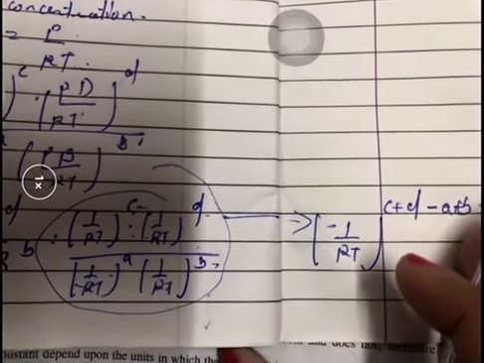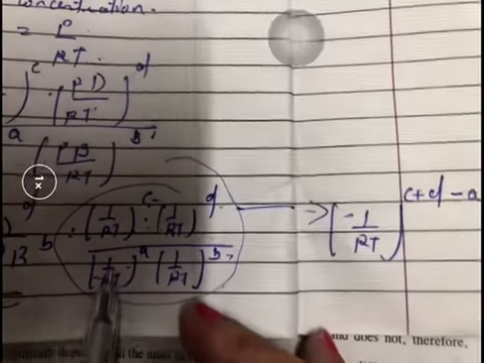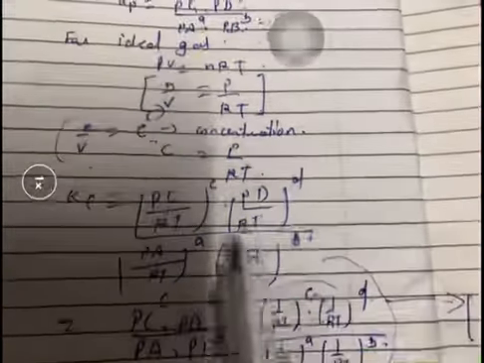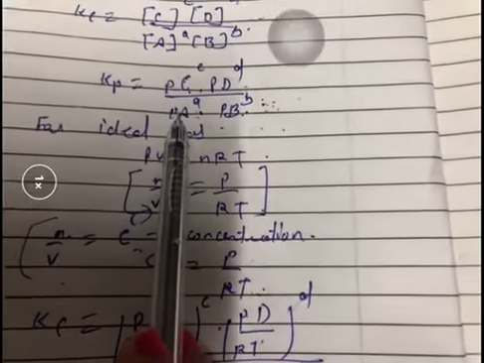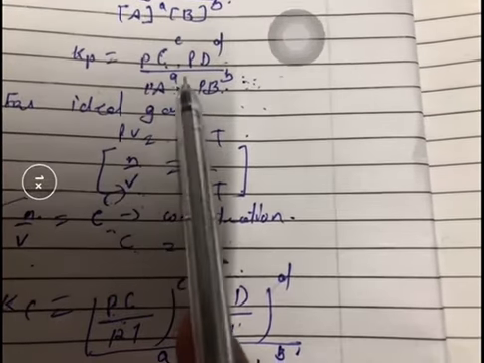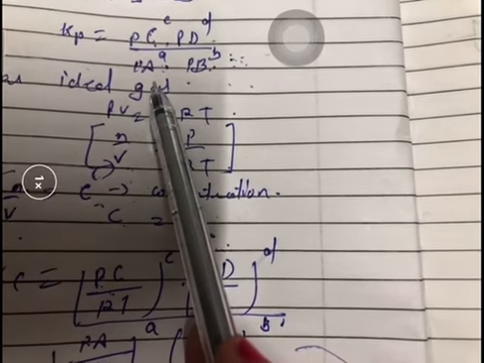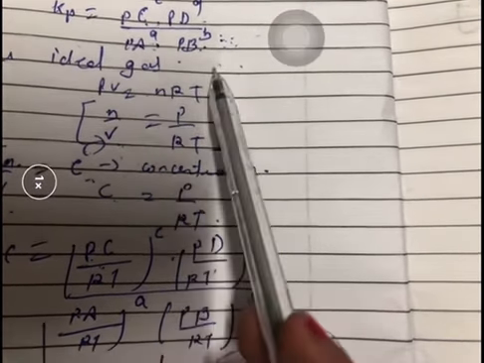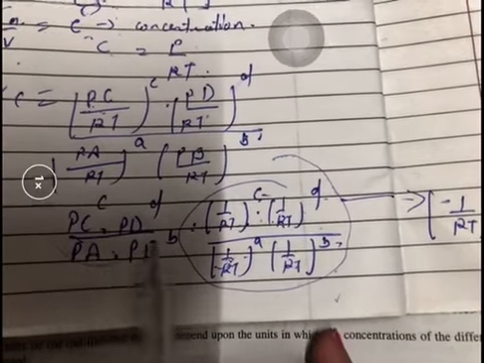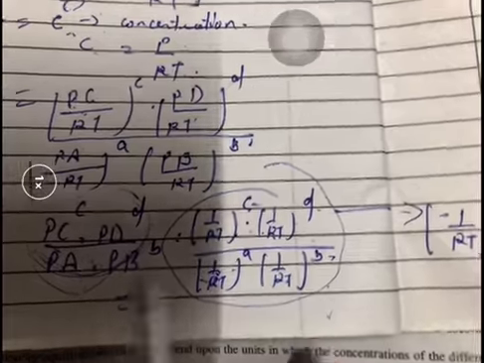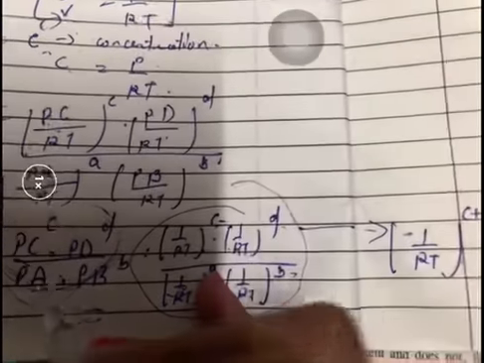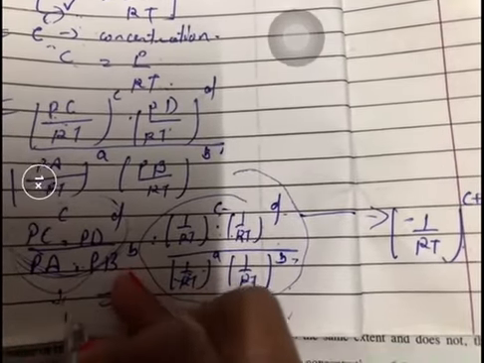Now, we have already discussed that Kp is equal to the product of partial pressures of products C and D upon the partial pressures of the reactants A and B. Clear? So now I can substitute the value of this, that is, I can write it as Kp.